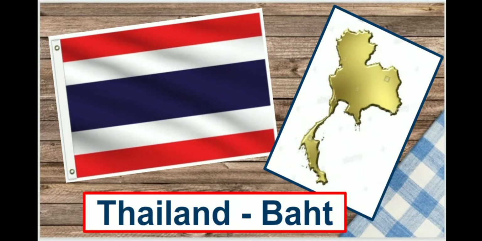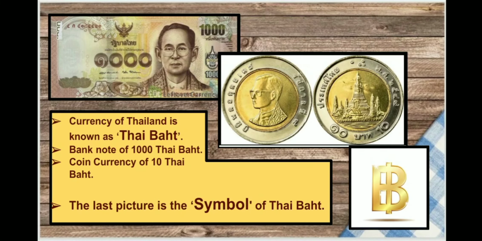The next one, Thailand, its flag, its map, and its capital, Bangkok. Now, currency of Thailand is known as Thai baht, and value of this paper currency is 1000 Thai baht. Value of this coin currency is 10 Thai baht.